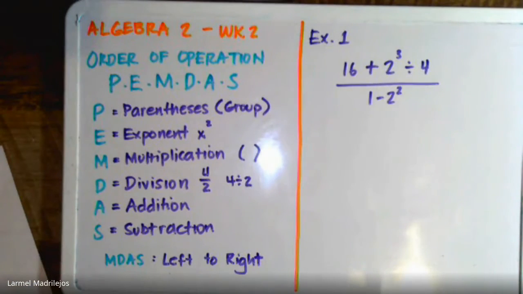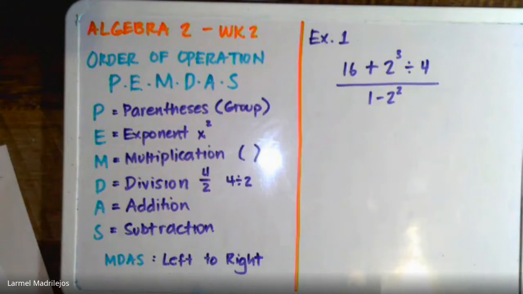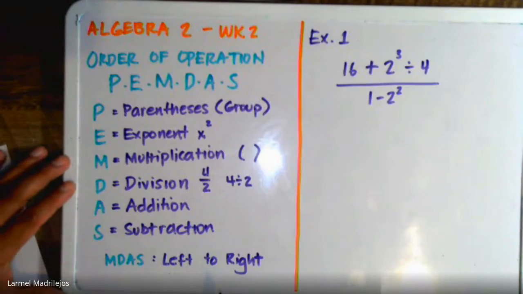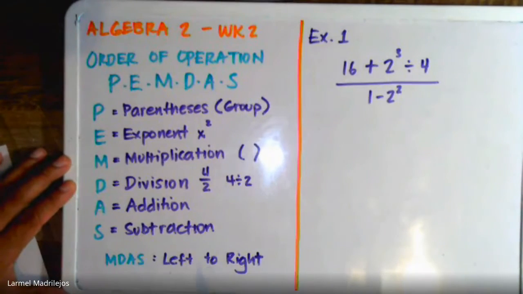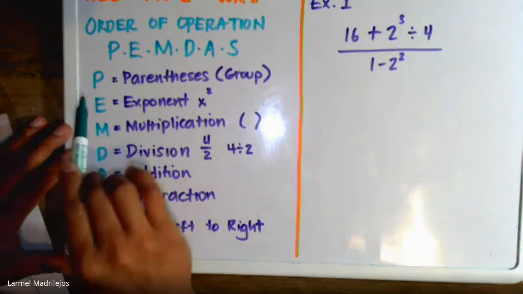Okay. Let's start with example number 1. It says here, 16 plus 2 raised to 3 divided by 4, all over 1 minus negative 2 raised to 2. All over means you're going to divide. I'm going to start with the top. Do we see a parenthesis?